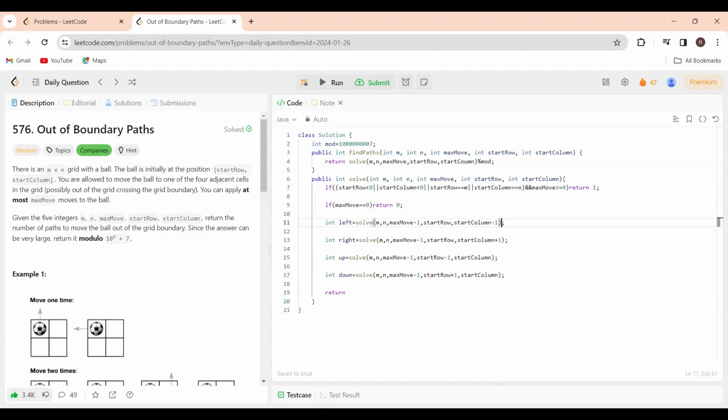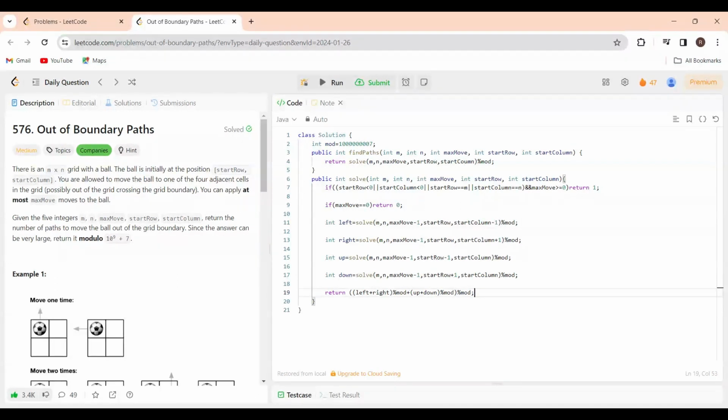As the answer can be very big, we need to return it modulo here. So it is left plus right percent mod, plus up plus down percent mod, and percent mod. Okay, this is the answer we have written.